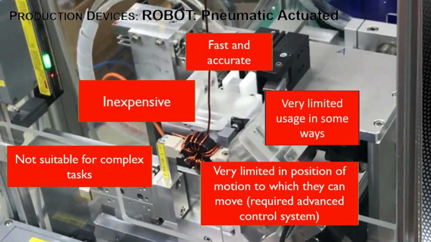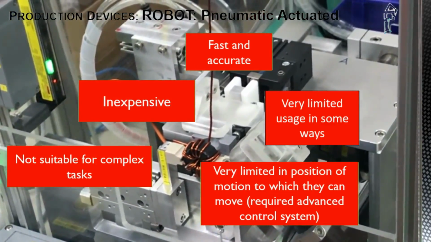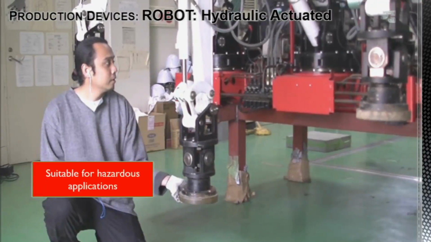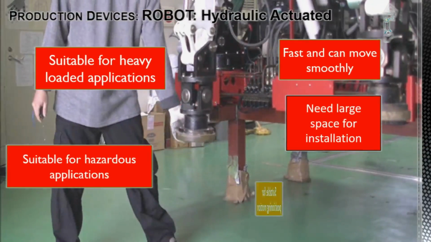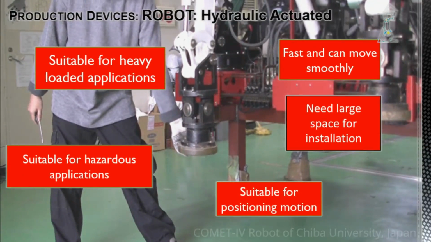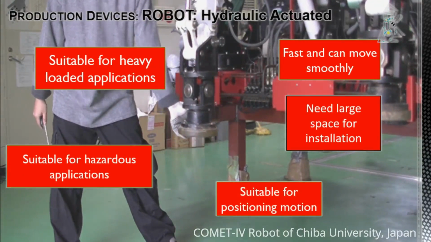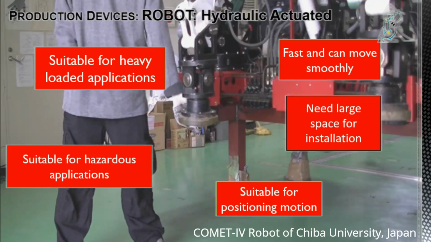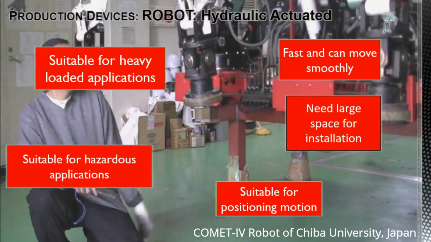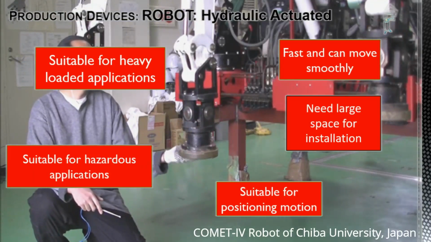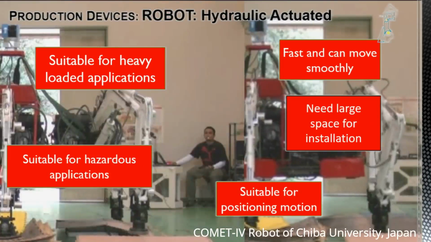These limitations also exist in the hydraulically actuated robot, but hydraulic actuated robots can perform better than pneumatics in terms of payload.